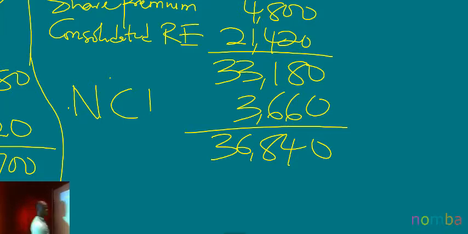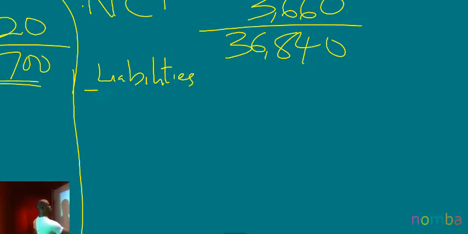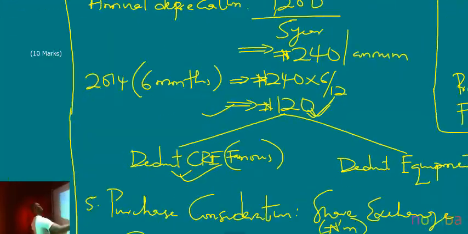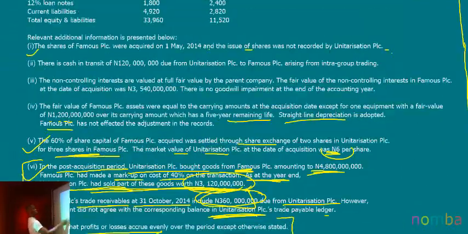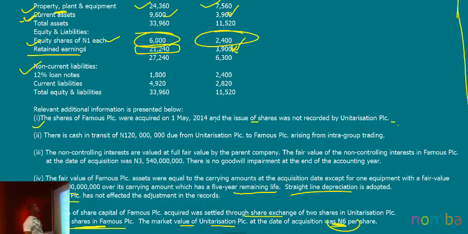Now, the liabilities. So let's go to the question and see the liabilities that we have. Okay. So we have non-current liabilities. We have a 12% loan notes. For the subsidiary it was 1,800 and for the parent it is 2,400.